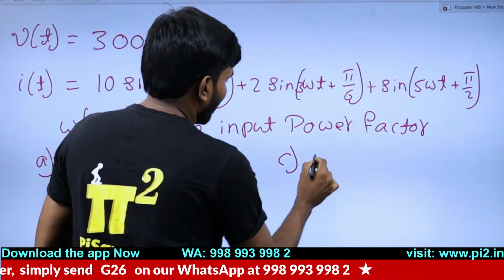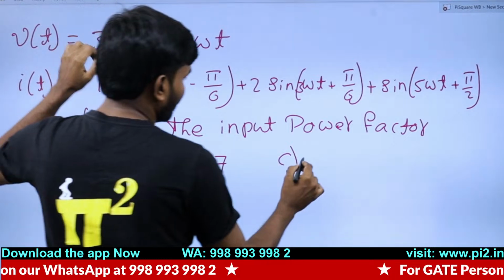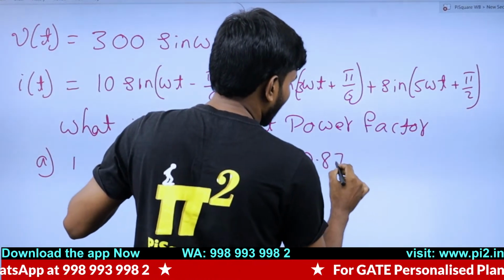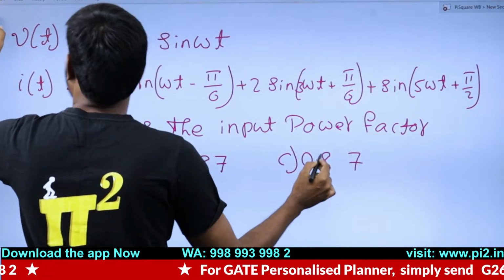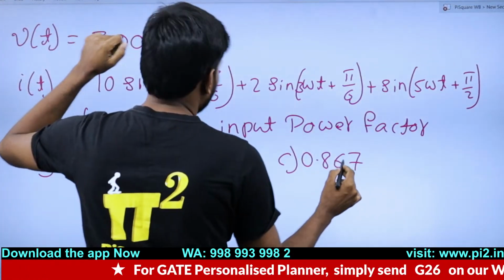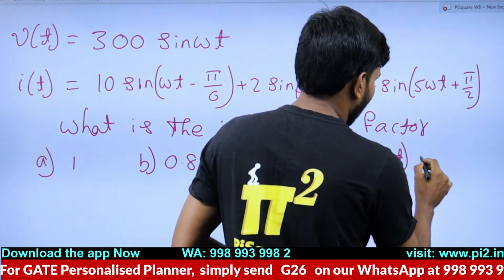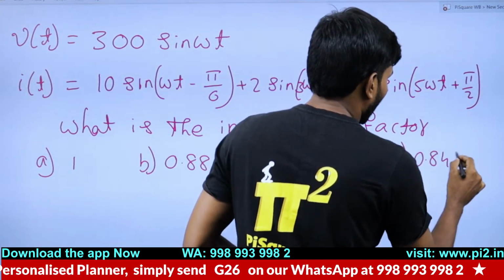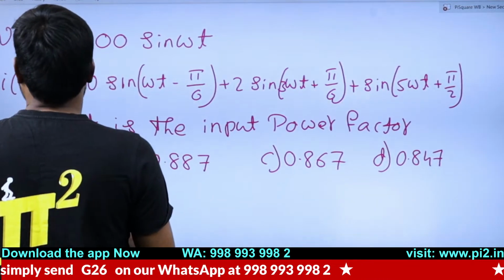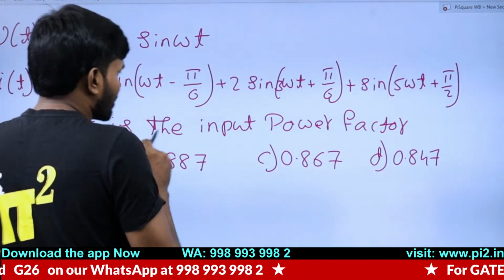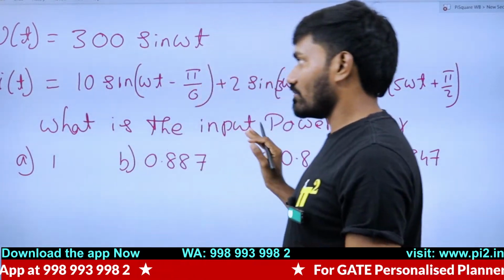Option C is 0.867 power factor. And option D is, correct me if I'm wrong here, 0.847 power factor.